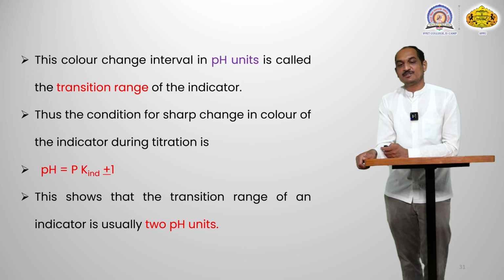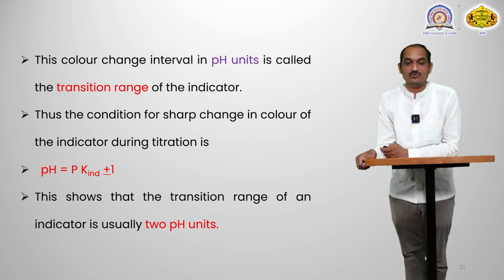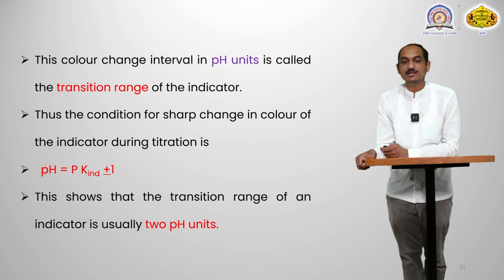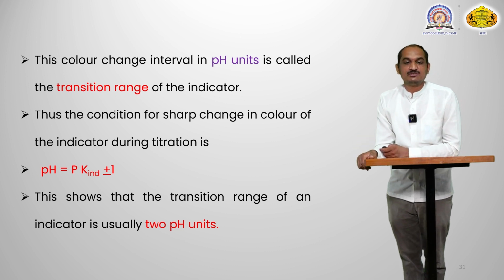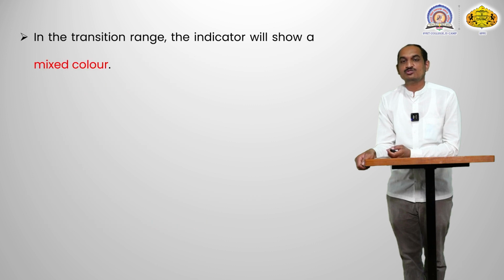So this equation shows that the transition range of an indicator is usually 2 pH units. pH is equal to pK indicator plus minus 1, and this equation shows that the transition range of an indicator is usually 2 pH units.